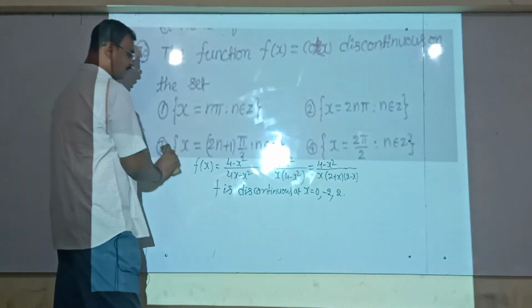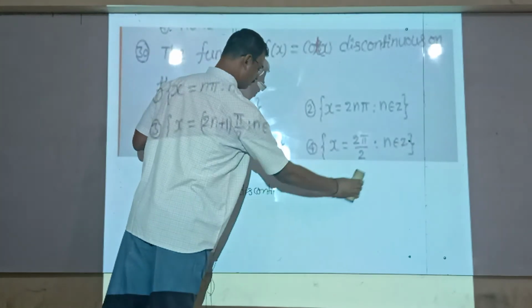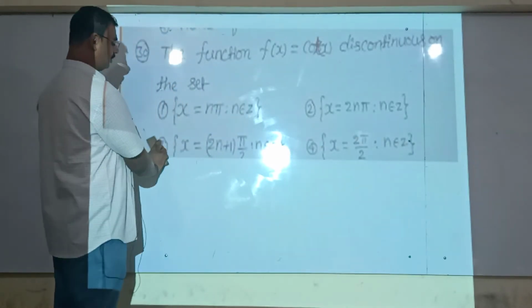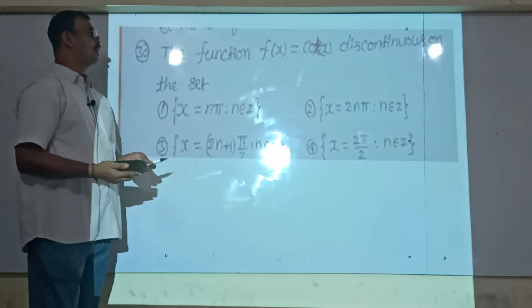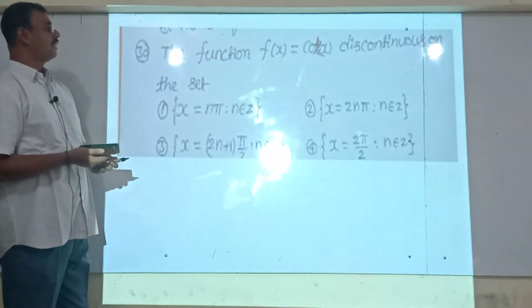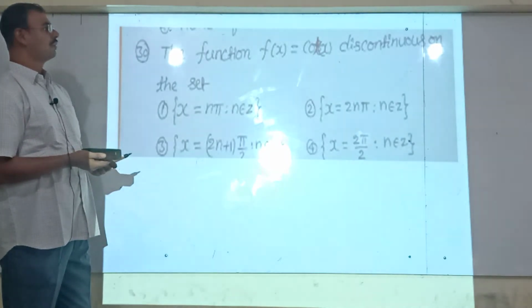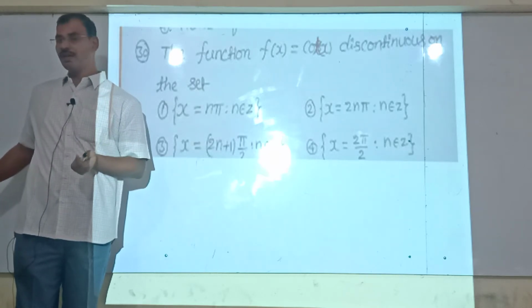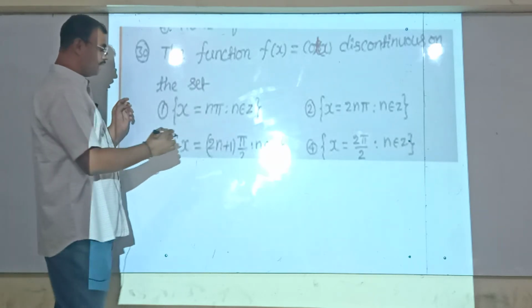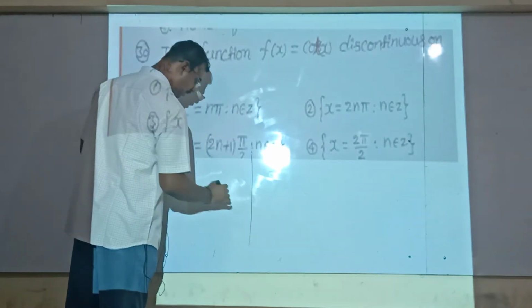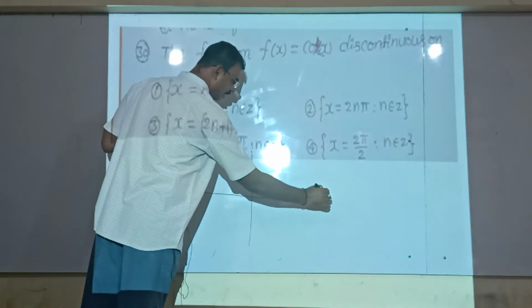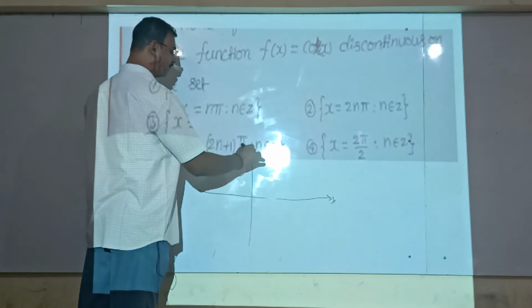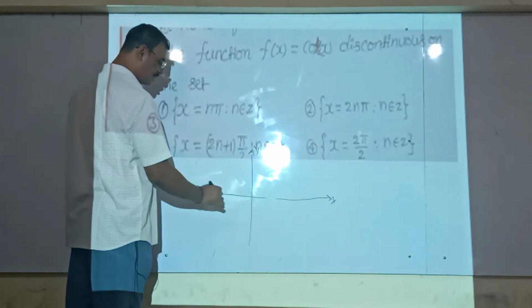See the problem number 30. What is the 30th one? The function f of x is equal to cot x, find where it is discontinuous. Already I have given this one. Graph we know very well. So mainly graphs we have to learn, very useful to solve the questions, all topics.